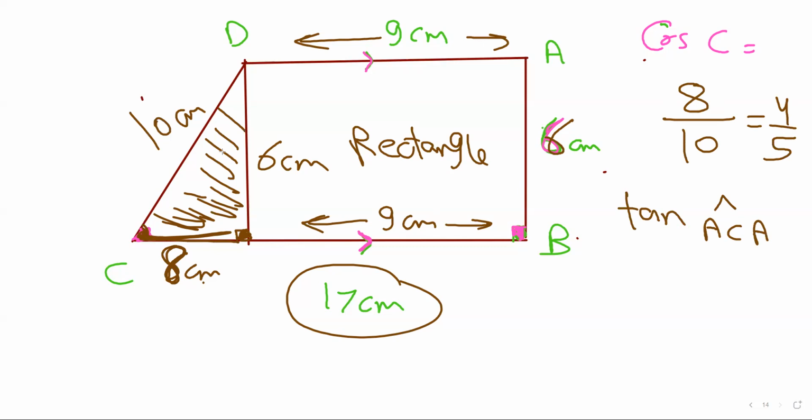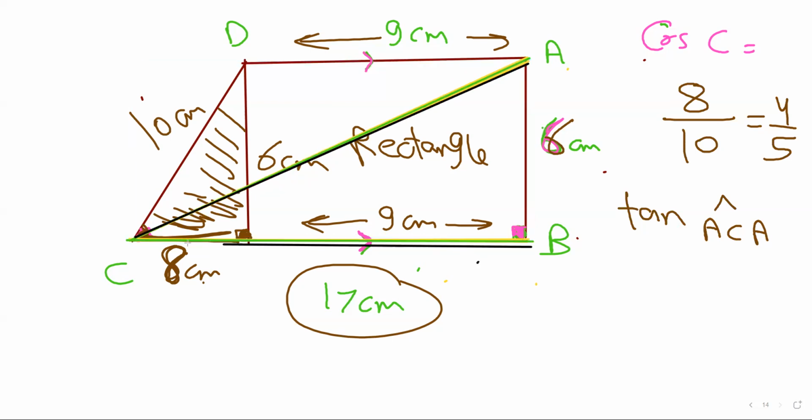Once again, here it's A, C, B. So here A, C, B. Do you see it well? A, C, B.